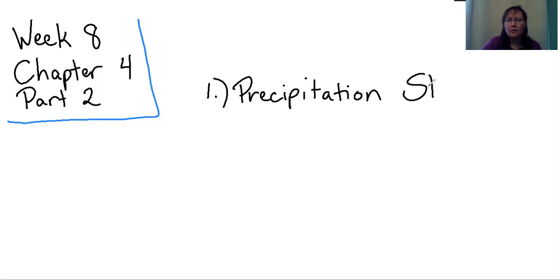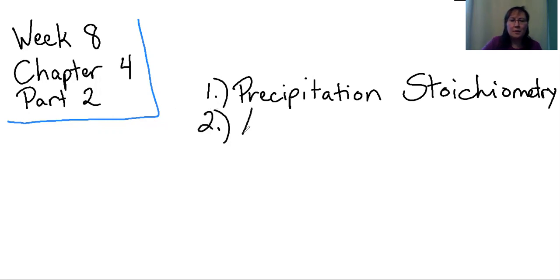So let me just go over real quick what we're going to be doing today. First, we're going to do precipitation stoichiometry. After that, we're going to be looking at acid-base reactions.